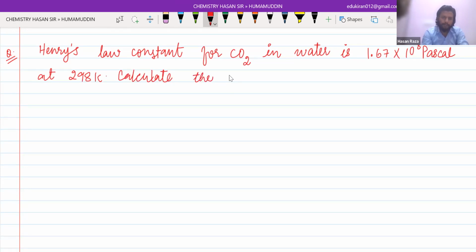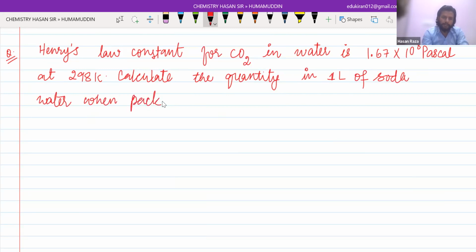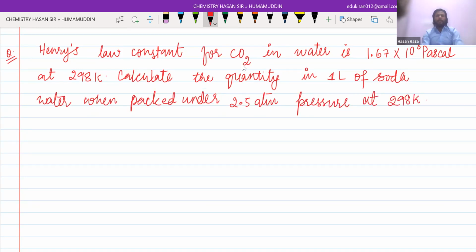Calculate the quantity in 1 liter of soda water, when packed under 2.5 ATM pressure at 298 Kelvin. Please do attempt.